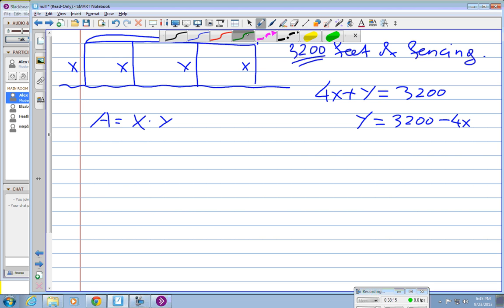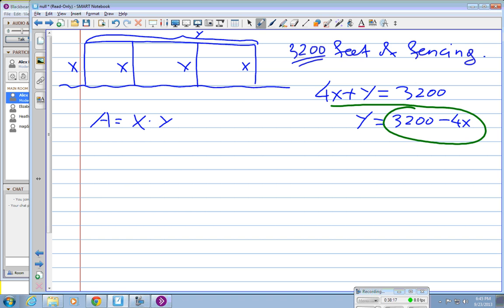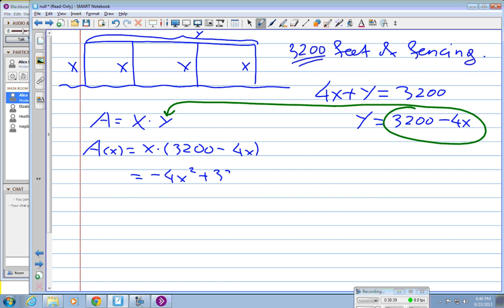We can take this expression and we can substitute it in for y. So if we do that, that will give me a function of x. A of x equals x times (3,200 minus 4x), which is negative 4x squared plus 3,200 times x.